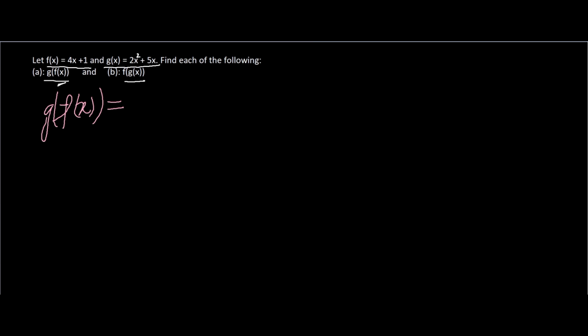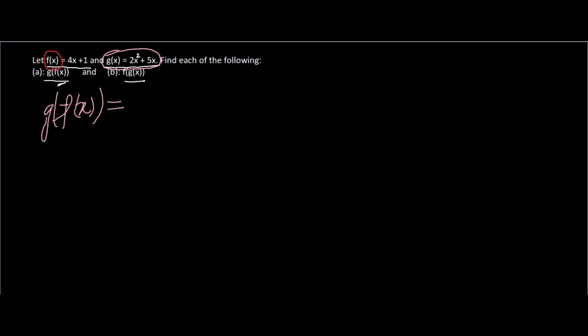As you know, I have this g function. It says that g of x equals 2x squared plus 5x. In this g function, I have to put x equals f of x. Where I see x in the g of x function, I have to put the f of x function.